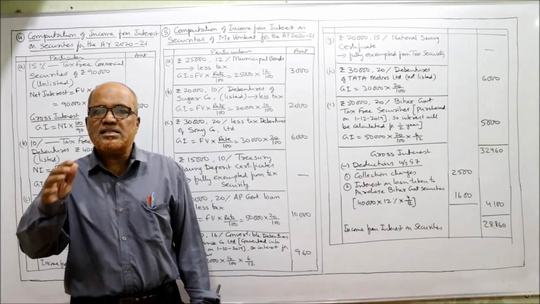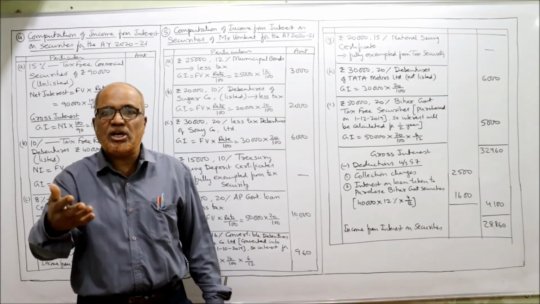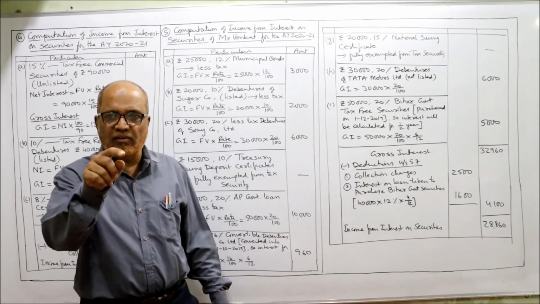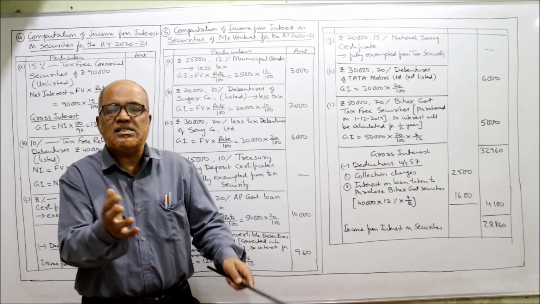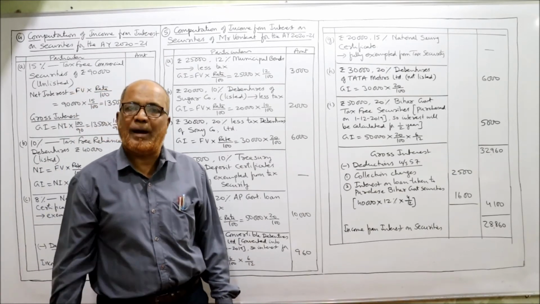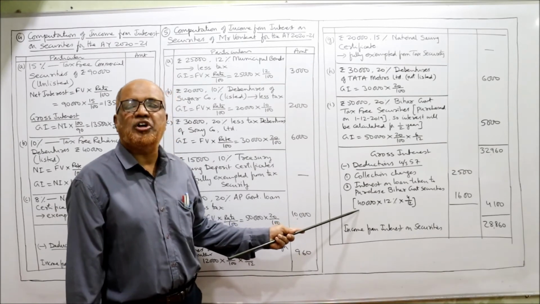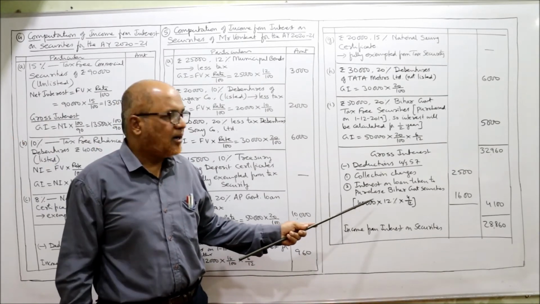Second, interest paid on the loan taken to purchase the Bihar government security. This security was purchased during the year, and to purchase it the assessee has taken a loan from the bank. How much loan? 40,000 is given in the problem. What is the rate of interest charged by the banker? 12%.